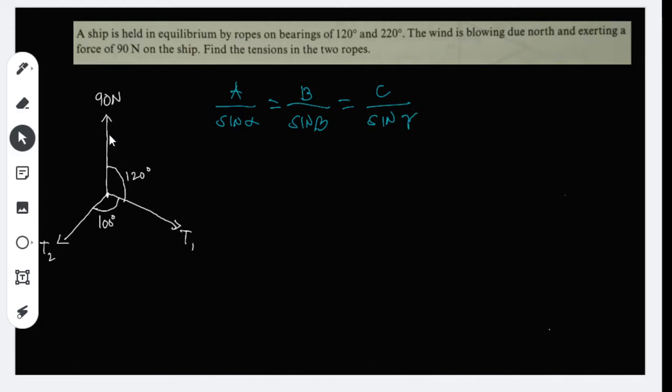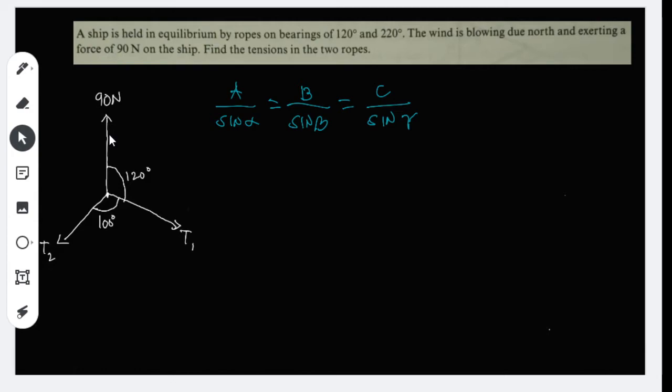That is Lami's theorem. It's quite similar to your sine law, actually. Now let's start to find the first tension, T sub 1. What we're going to do is almost similar to your sine law.